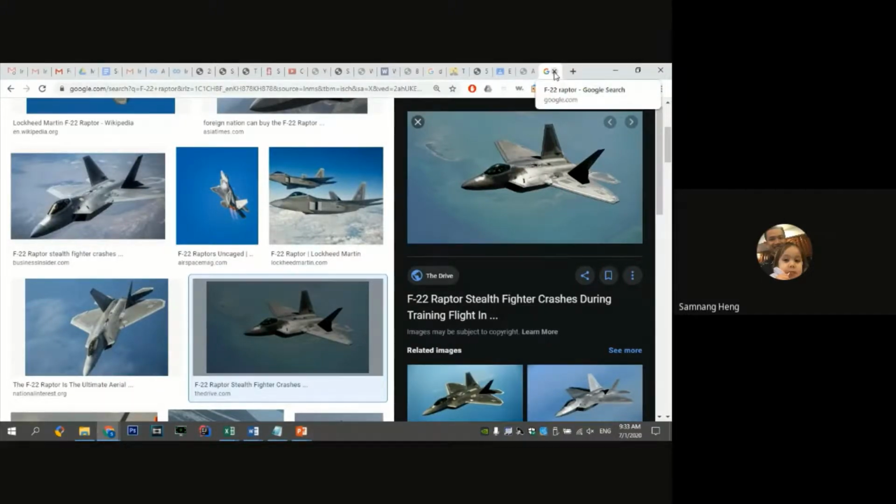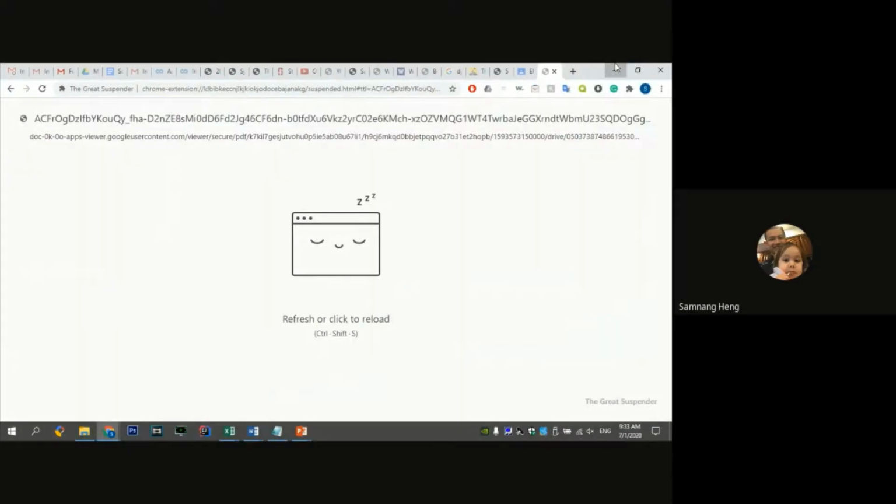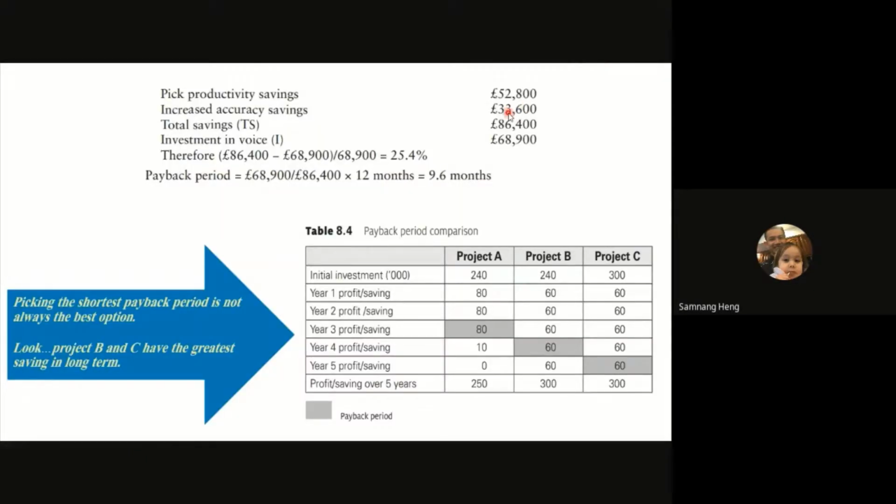Even the helmet that the pilot wears is like $40,000 for the pilot. I don't know what kind of technology they use, but it's like $40,000 for just the helmet. I had a chance to put it on, but no, I cannot fly.